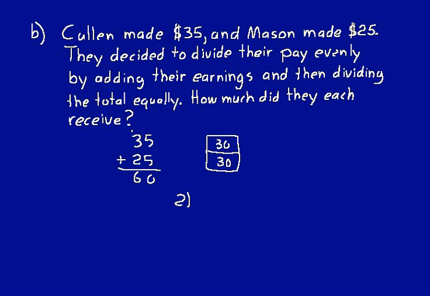So you'd put a 2 out here, 60 here. 2 goes into 6 3 times. 2 goes into 0 0 times. And so you'd have a value of 30. And so either way, it doesn't really matter how you figured out the answer there. You just need to know that it was an equal group. The second story in this word problem was an equal group story. And so that's how much they would both get if they divided their total equally. Is $30 apiece.